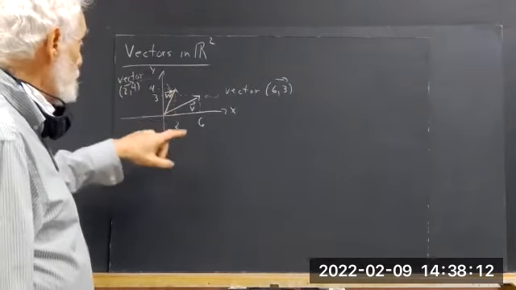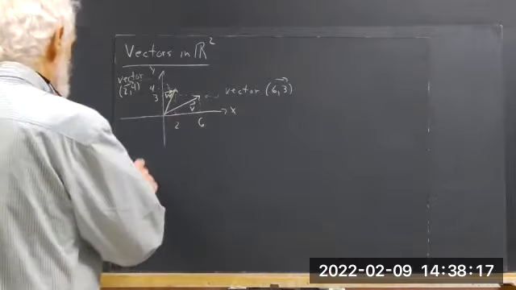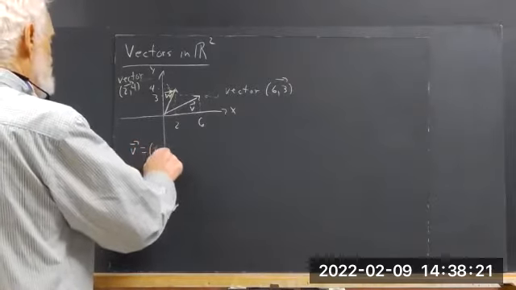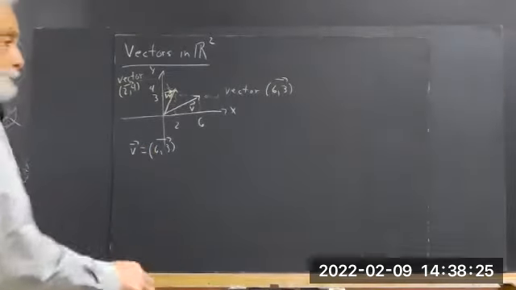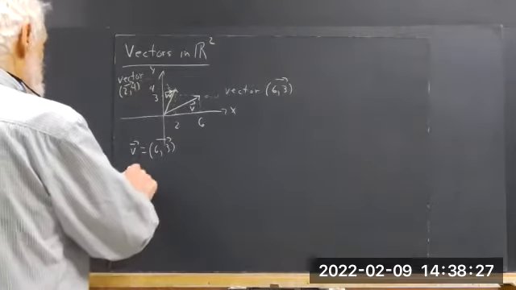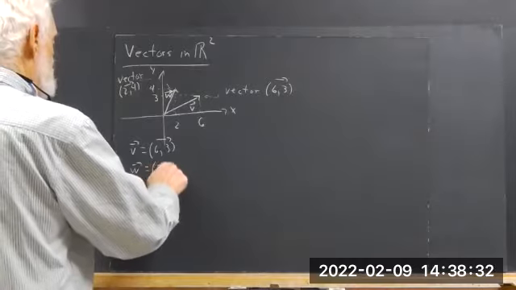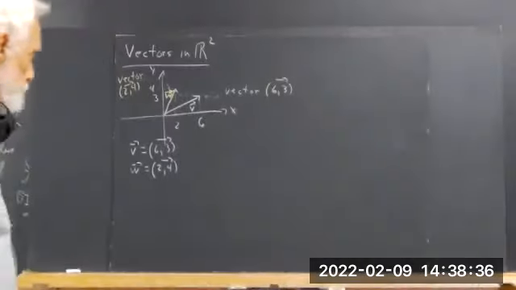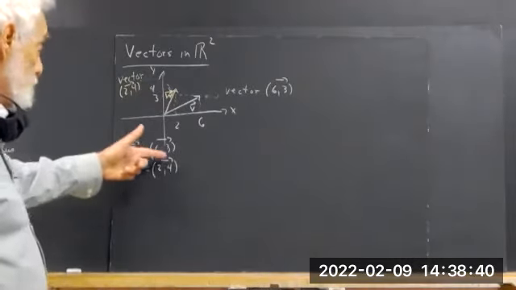So here we have two vectors, and I called this one V, and I've called this one W. So I could say V equals 6, 3, with an arrow over the top of it to distinguish it from the point 6, 3. W equals the vector 2, 4. Similar explanation: arrows over the name of the vector and the ordered pair.